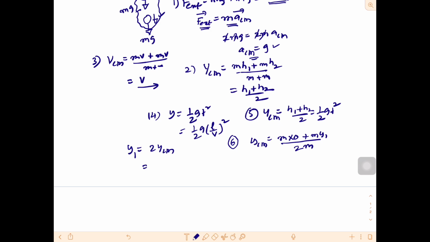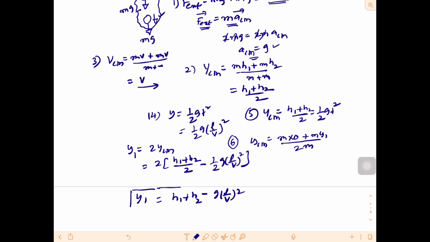Therefore, it becomes 2 into (h1 plus h2) by 2 minus half g into (L by v) whole square. So this turns out to be h1 plus h2 minus, the 2 cancelling again, g (L by v) whole square. This is where our second particle will be when the first particle touches the ground at the distance shown.